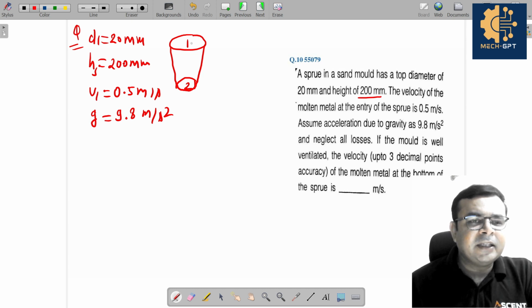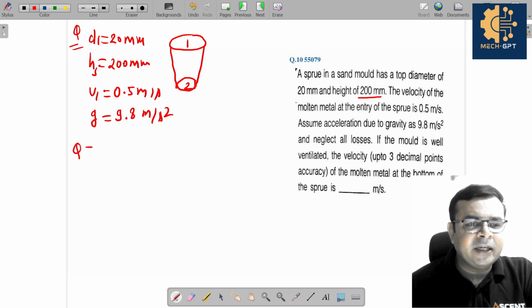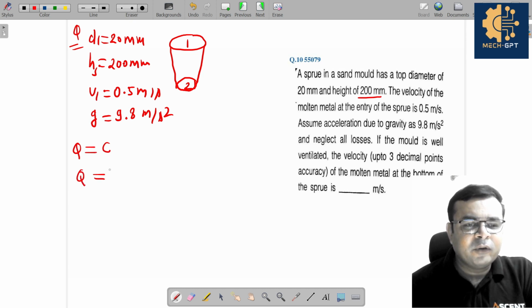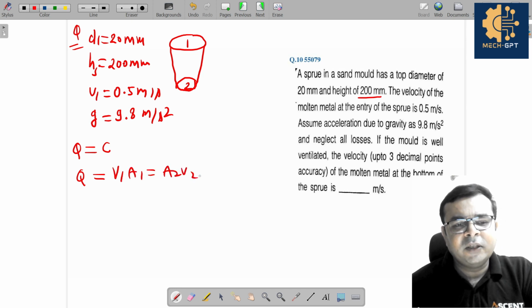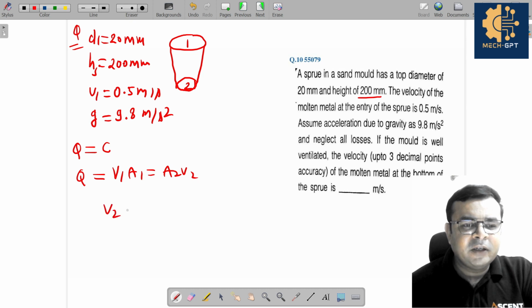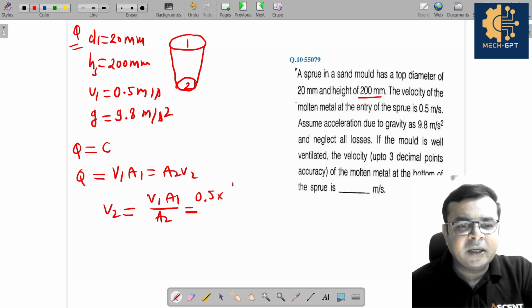Simply, the volume flow rate remains constant, so A1 V1 is equal to A2 V2, yes or no? Here we need to calculate V2, so it is A1 V1 over A2, and V1 is given, 0.5 meter, and A1 is pi by 4 into d square, that is 20 square, over A2.